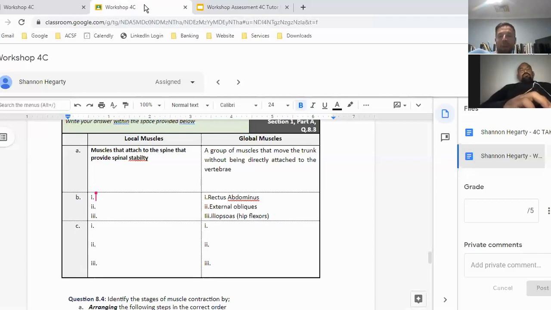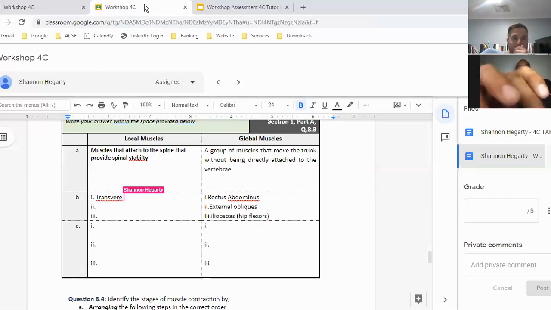So when you're working a plank, what are those really deep muscles called, the ones that kind of wrap around your spine like a weight belt? Transverse abdominis. Perfect. Excellent, Shannon. So they would be local muscles because they're deep and they actually attach to the spine.